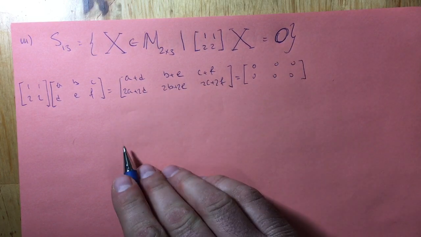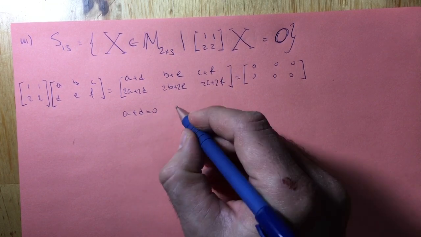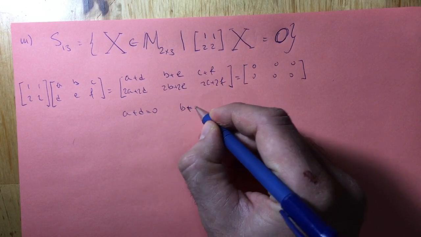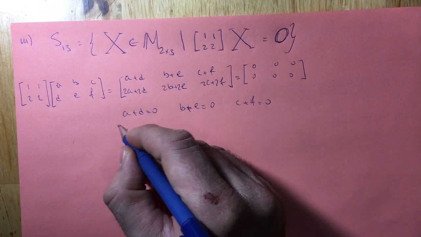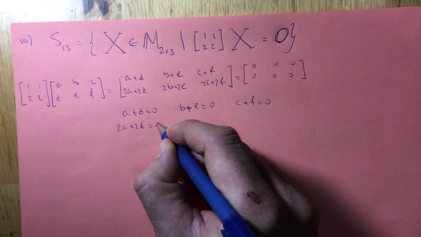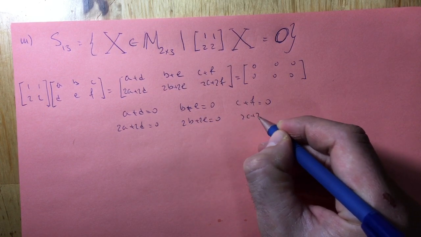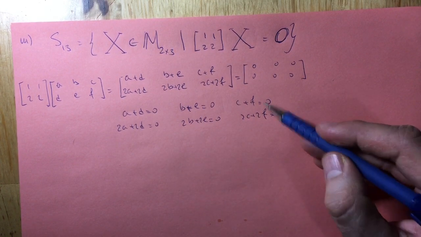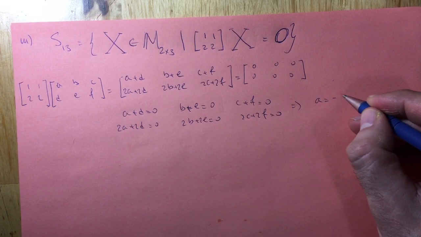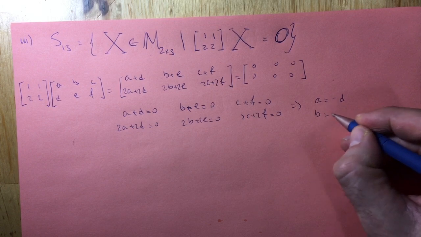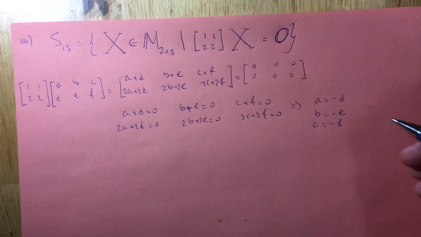We compare each corresponding entry, so a plus d is equal to 0, b plus e is equal to 0, c plus f is equal to 0, and 2a plus 2d is equal to 0, 2b plus 2e is equal to 0, and 2c plus 2f is equal to 0. These are the same conditions as you can see, so from here a is equal to negative d, b is equal to negative e, and c is equal to negative f.